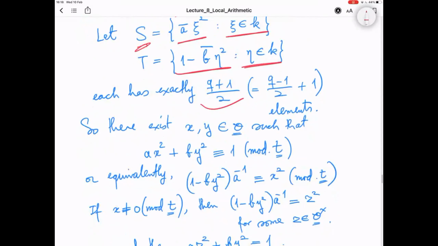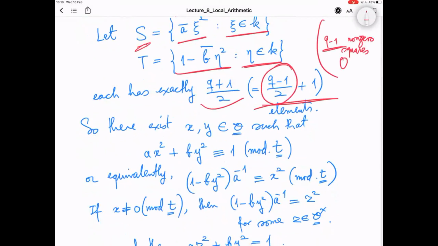That's because there are (q minus 1) by 2 non-zero squares, and then 0 is also a square, right? That's the number of non-zero squares, and this counts the 0 square.